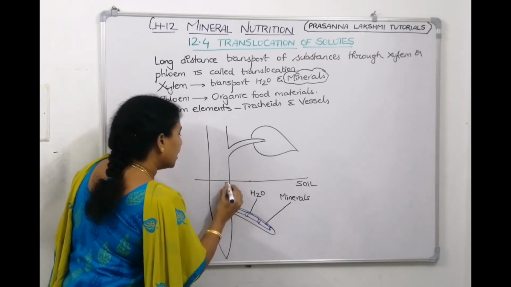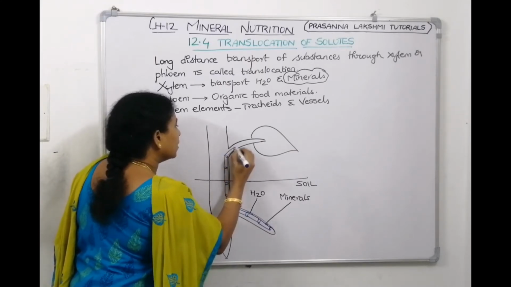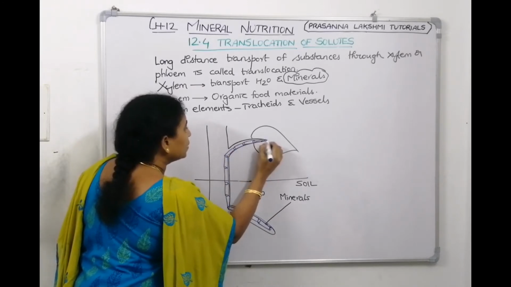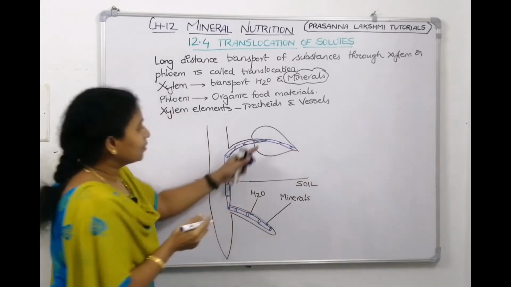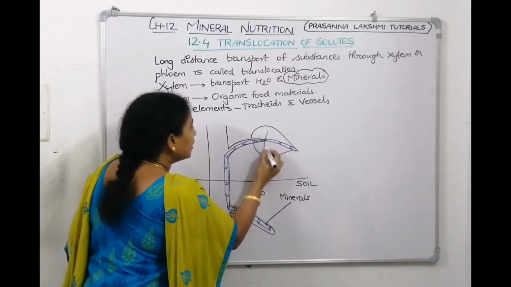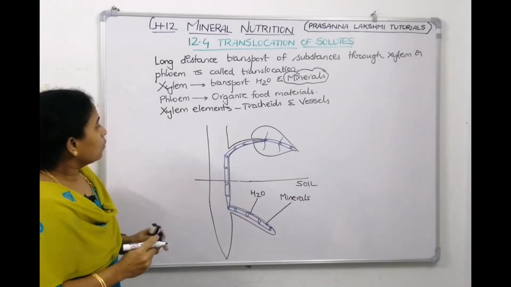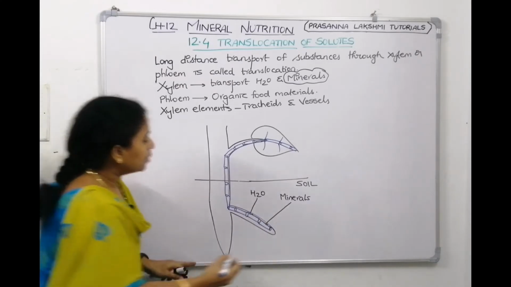See, vessels are nothing but tubes, and they are connected one to the other on the top. So like that, the vessel will bring the water and minerals to the plant. This is the midrib. See, it came to the midrib, and from here it will distribute that water and minerals to the leaves.